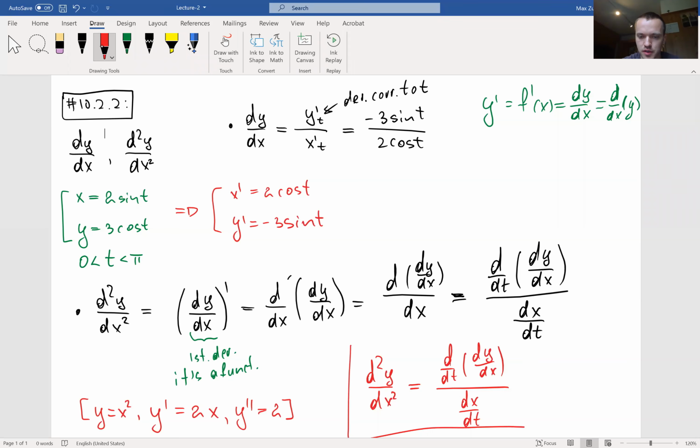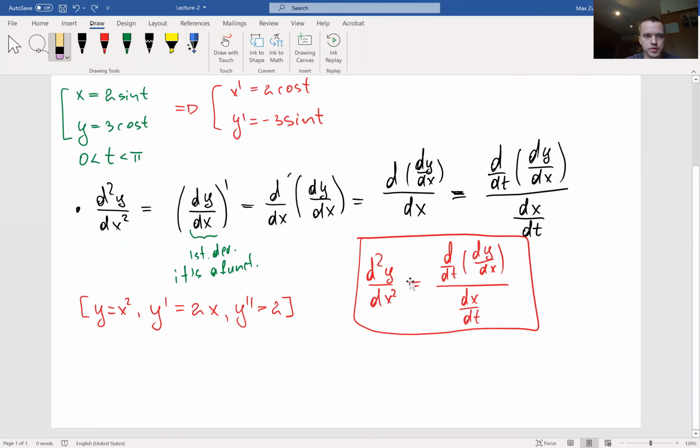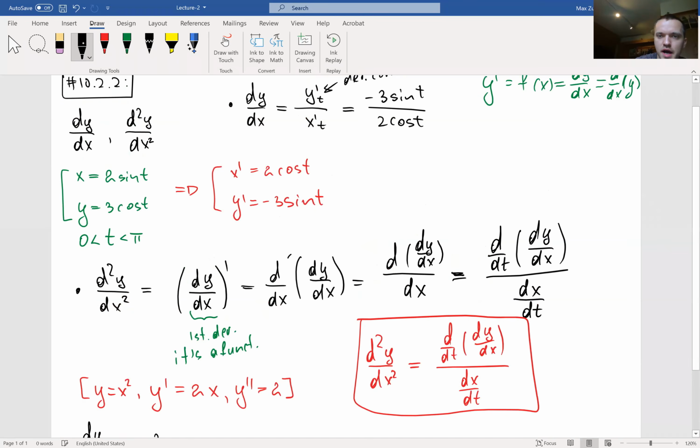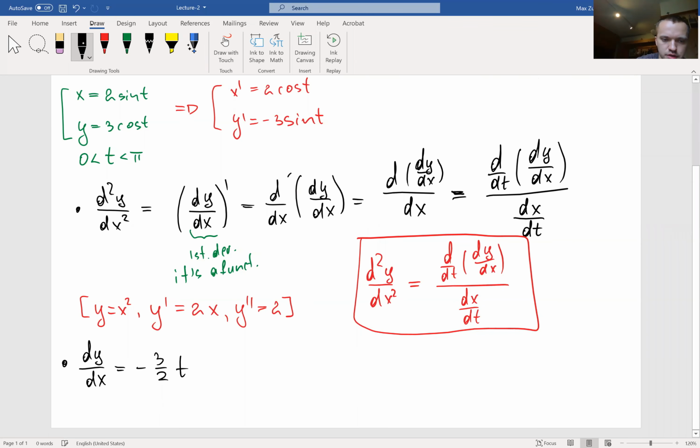Every time something goes into the red box, that formula is worth memorizing. Okay, then let's compute the second derivative. I know that dy over dx is equal to -3/2 sine over cosine, which is tangent t.